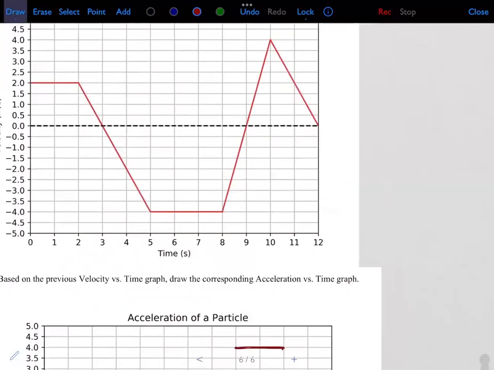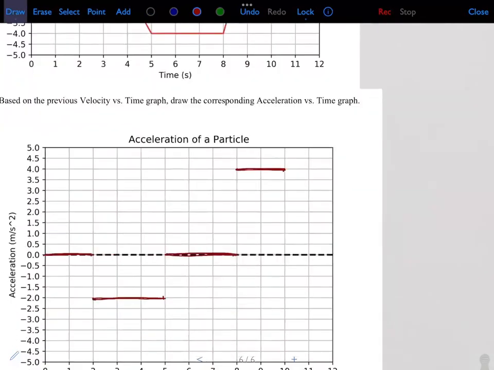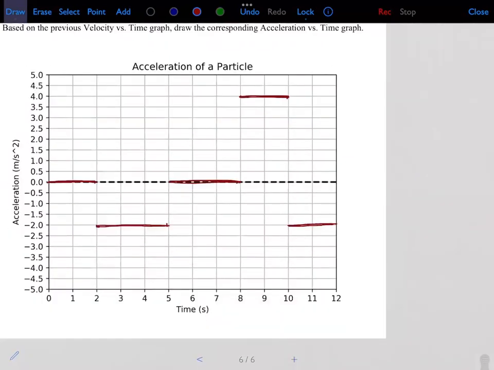And then finally, it's going to be negative something. The rise is -4, the run is +2, so -2 over that final 2 seconds. So -2, like that. Okay, so that would be the corresponding acceleration versus time graph that corresponds to that previous graph.